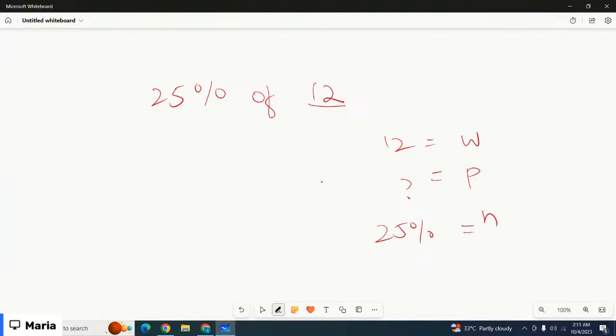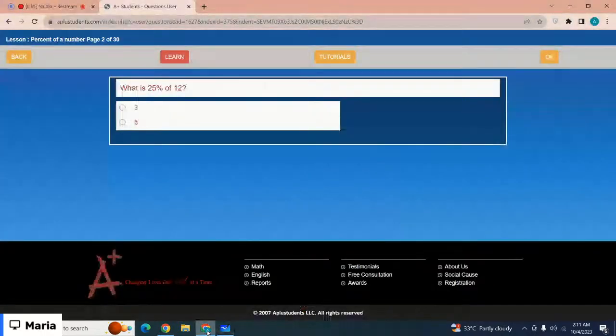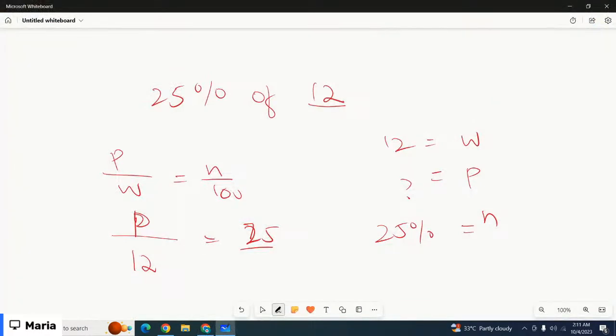So we know that the proportion is part divided by whole and n divided by 100, right? Part is, you don't know how much part, you have to calculate the part of 12. How much part? 25%. Okay, 25 over 100. So just multiply 12 other sides.